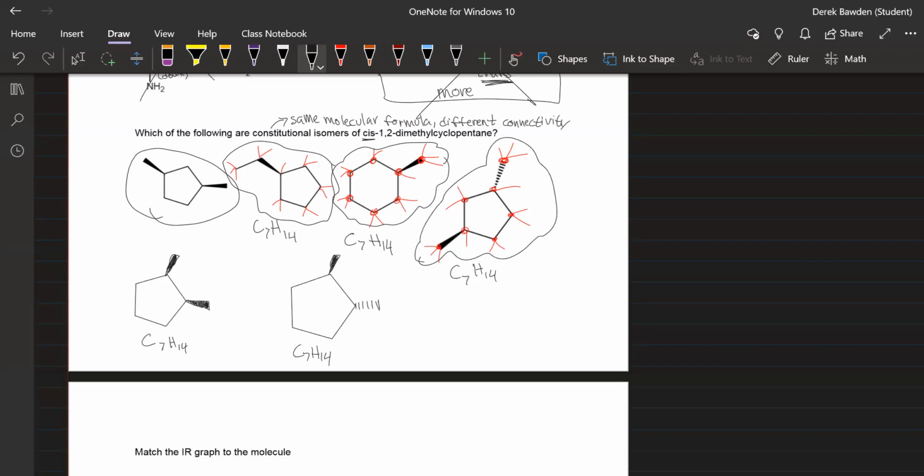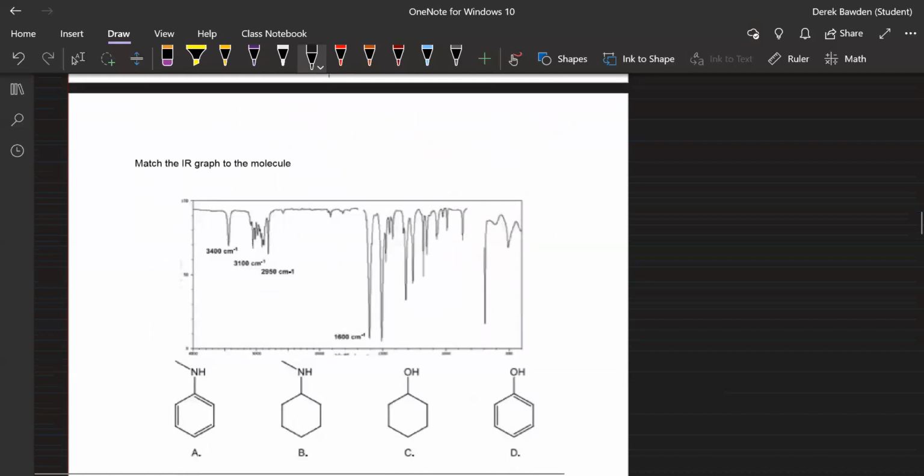That's right, they are stereoisomers, because the molecular formula is the same and the connectivity is the same, but the direction of our functional groups is different. So that makes them stereoisomers of each other. We okay there? All right, carrying on.